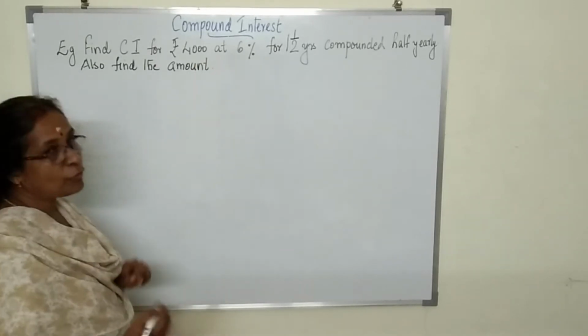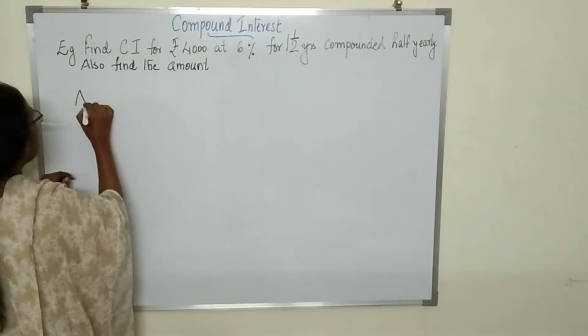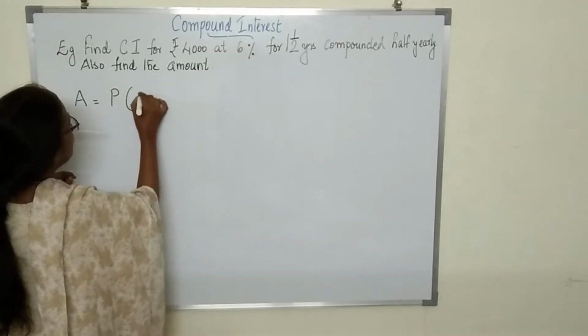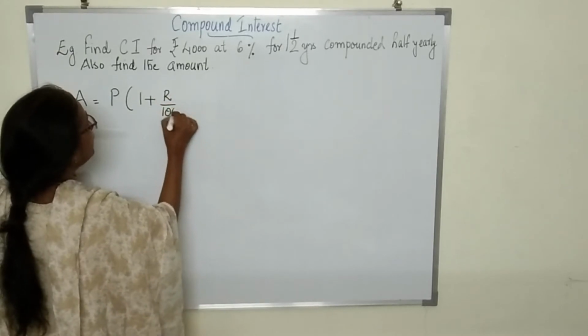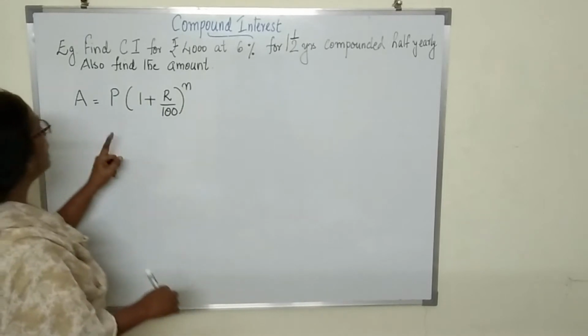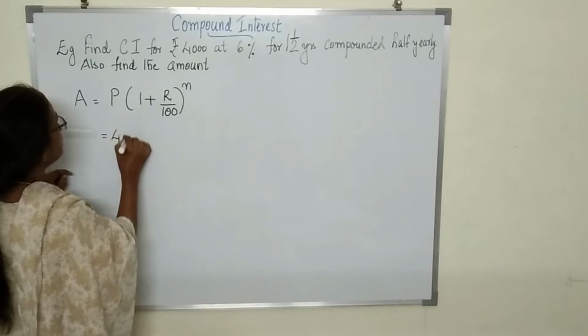Now, do you know the formula to find the amount? A is equal to P into (1 plus R upon 100) whole raised to N. Here P is equal to 4,000.